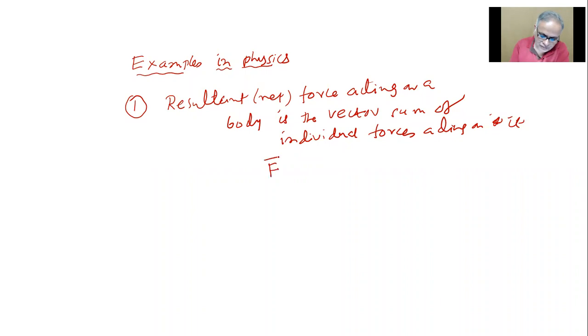What it means is F resultant, or F net, whatever you want to say, is equal to F1 bar plus F2 bar. This is only a notation, children. There's nothing like 100 bar plus 100 bar adding like this. This is meaningless. Do you follow?